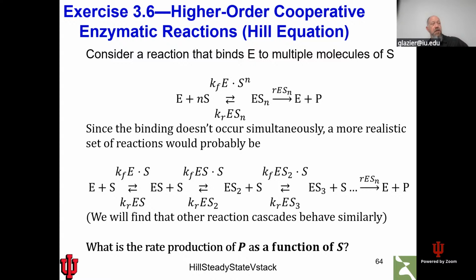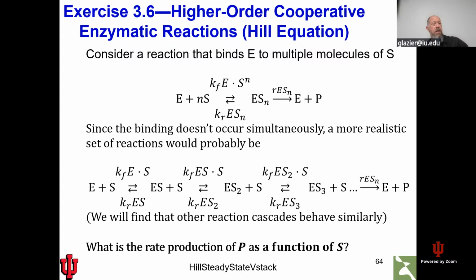E plus S goes to ES, ES plus S goes to ESS, ESS plus S goes to ESSS, and so on. Well, that's a cascade reaction. In reality, it's hard to imagine how you could have 10 units of S bind simultaneously. So the second one is actually probably more realistic.